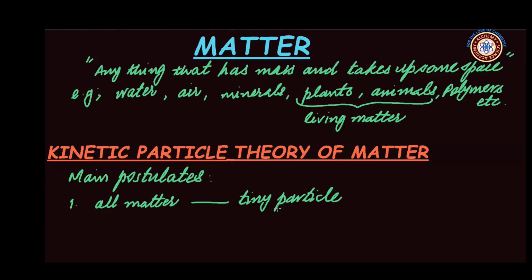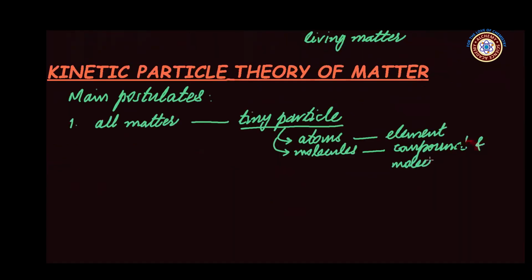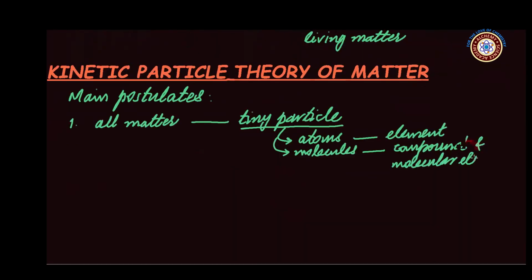Depending upon the nature of matter, these tiny particles can be atoms if the substance is an element. They can be molecules if the substance is a compound or a molecular element.